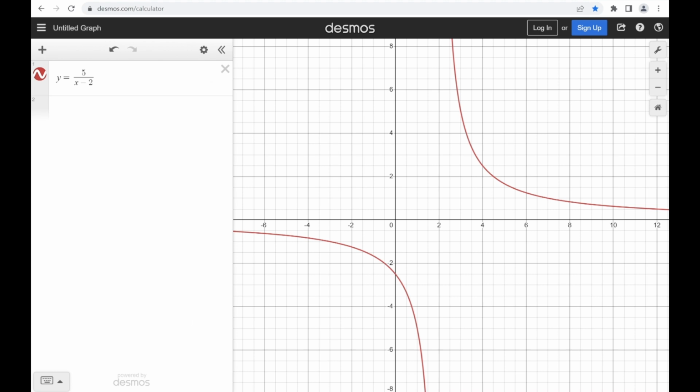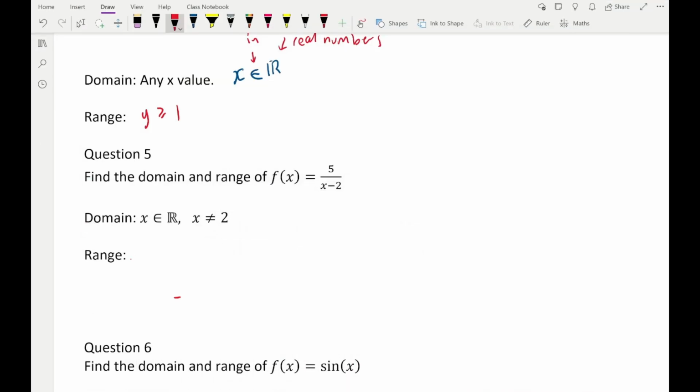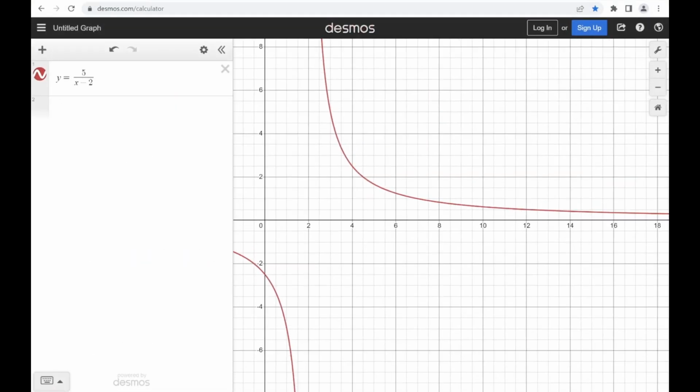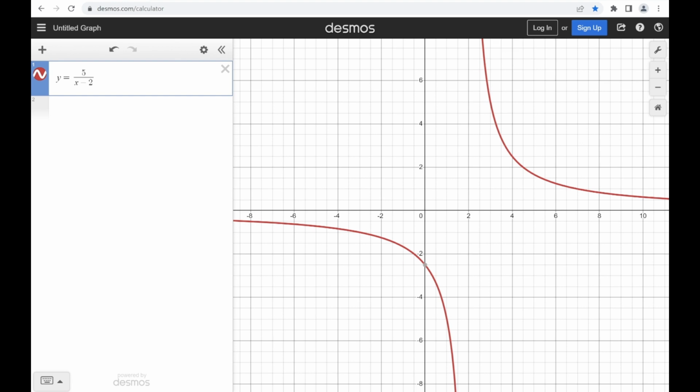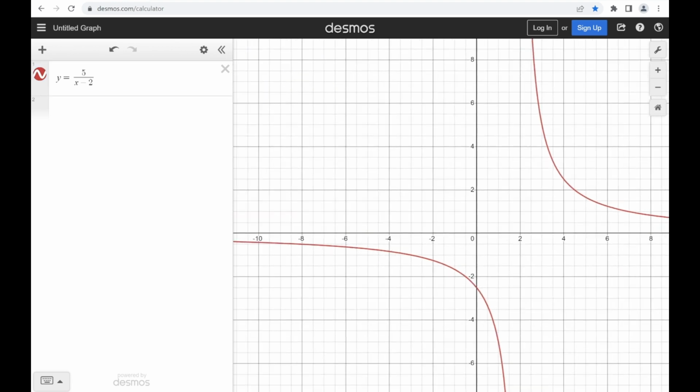So y is in R, but y does not equal 0. And that happens just because you've got this line at 0 and the graph never touches it. It asymptotes there. This is just a hyperbolic function like we've seen before.